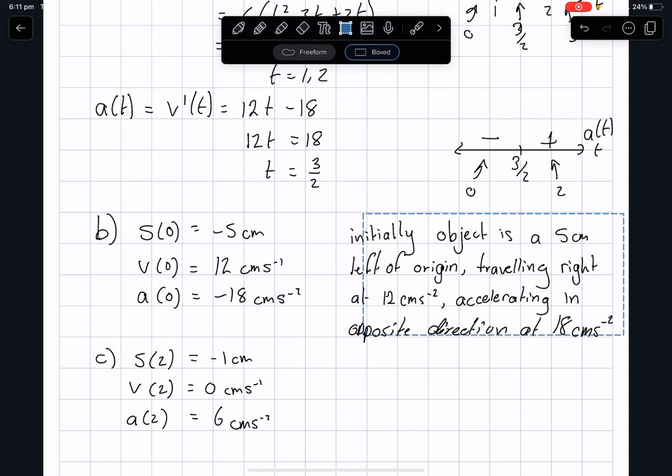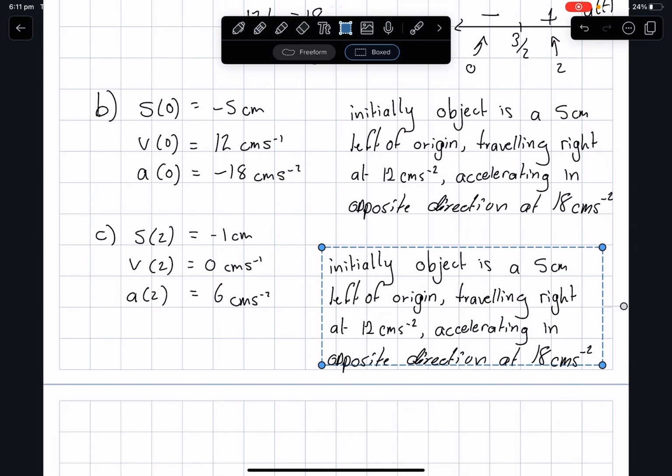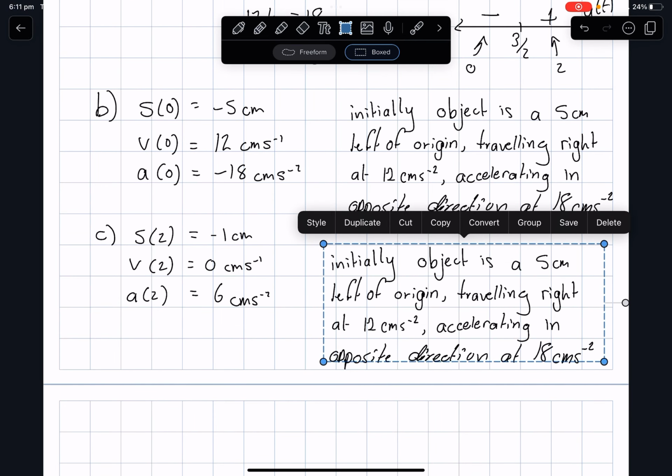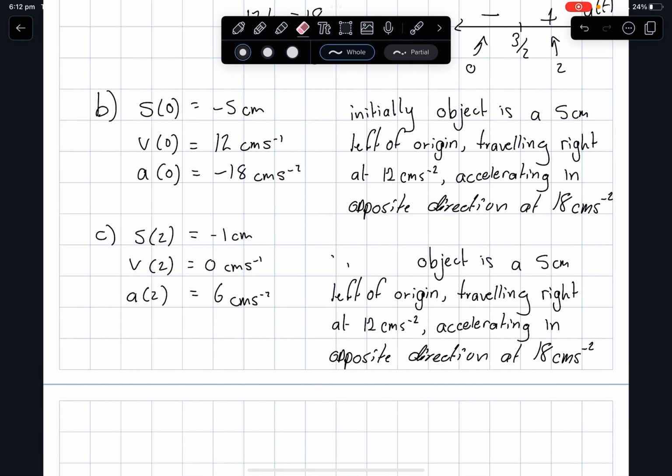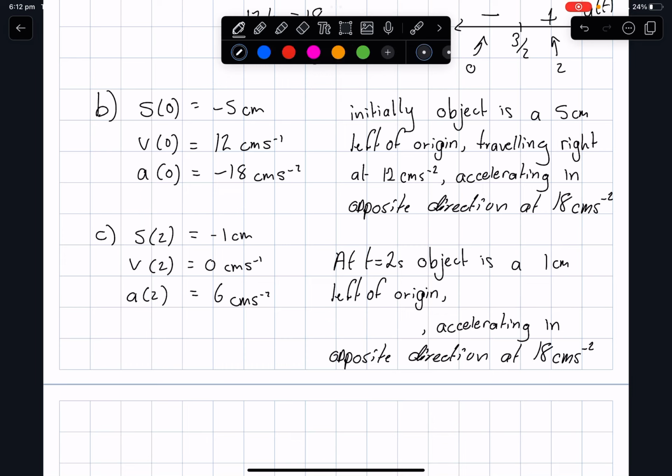So we can pretty much copy this down and just change a few words. Instead of initially, we've got at t equals 2 seconds, the object is 1 centimeter left of the origin. It is stationary, because my velocity is 0.